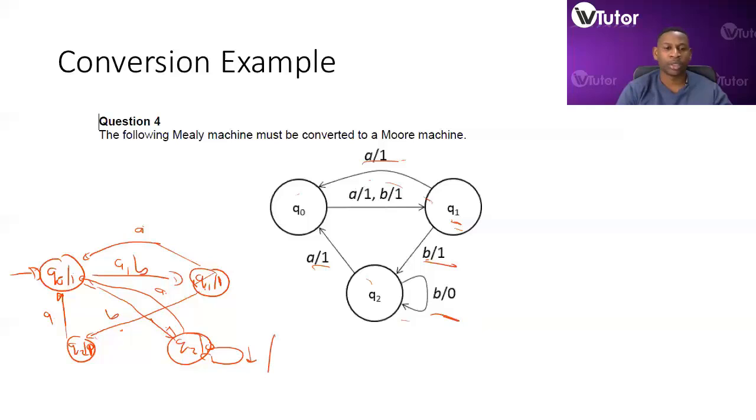So B stays there. This one has got an A and a B, this one has got an A and a B, this one has got an A and a B. So that becomes the Mealy machine of the following finite automata.